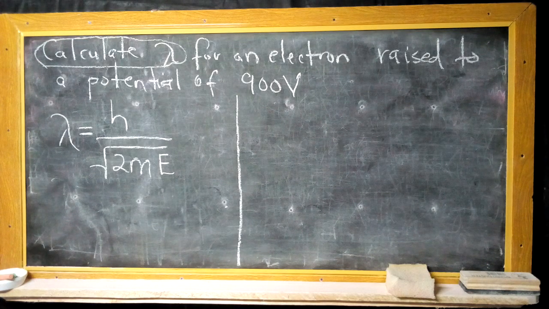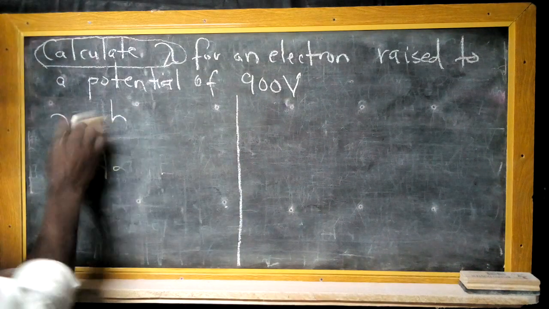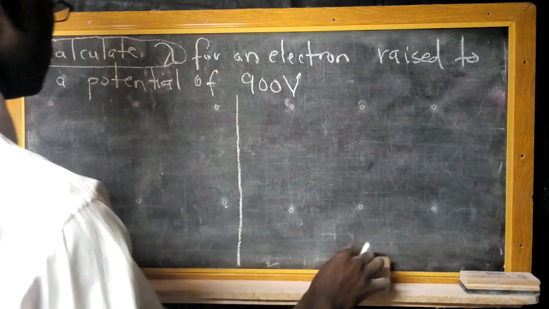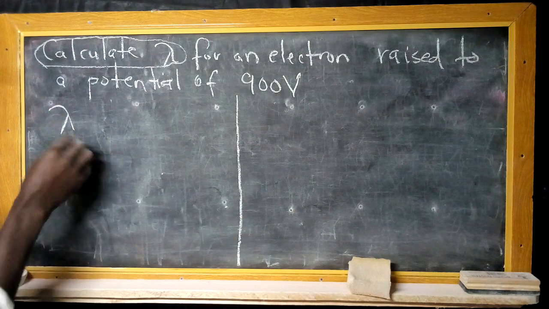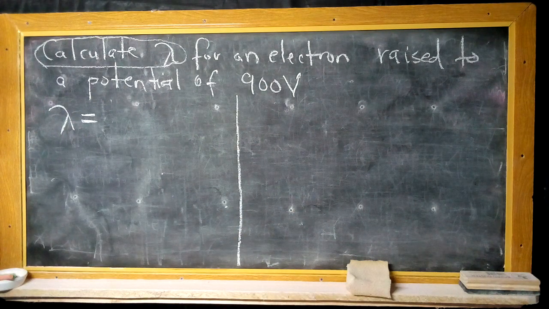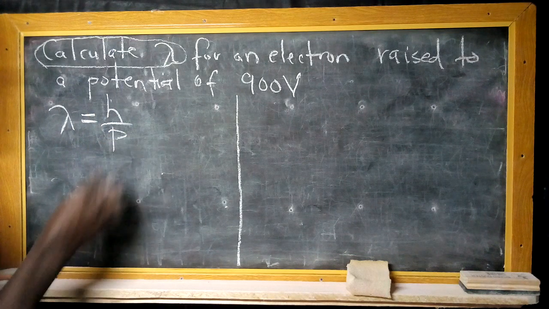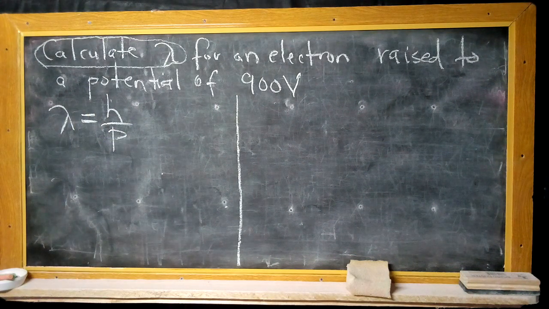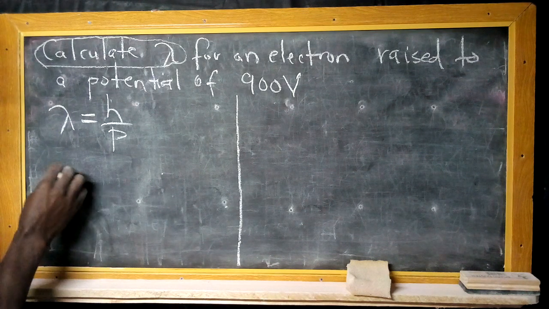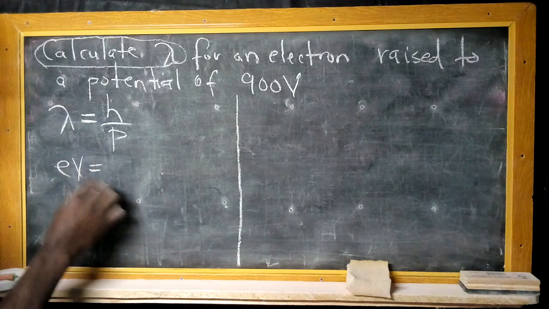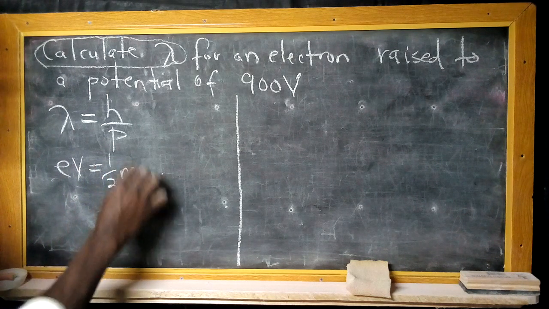Now someone may ask, how did we come up with this particular principle? Just for a quick recap, the de Broglie wavelength for a particle that is behaving as a wave and a particle at the same time is given as this one. But we said that eV is equal to half mv squared.